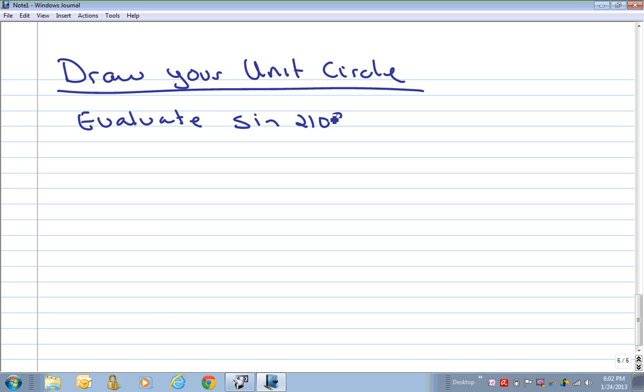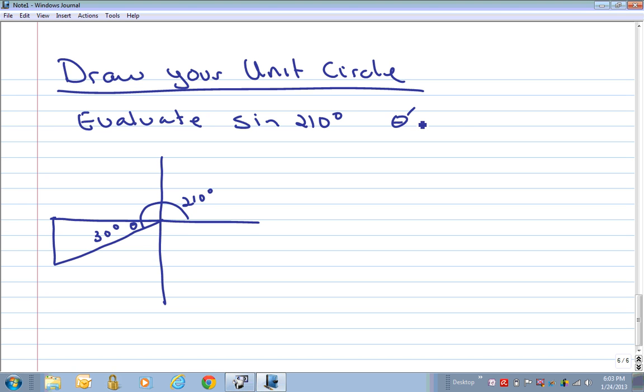So let's take a look at 210 degrees, where that would be. 210 degrees would be a rotation past 180. Draw our right triangle. And our theta would be right in here. And if this is 210 degrees, and you've got to go back to 180, how far is that? From 180 to 210 is 30 degrees. So your reference angle is 30 degrees.